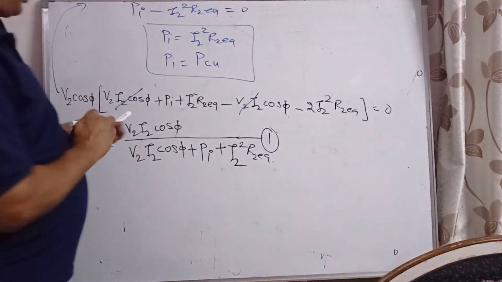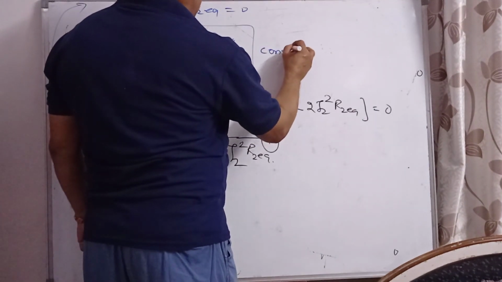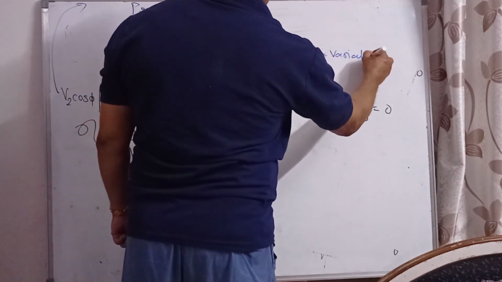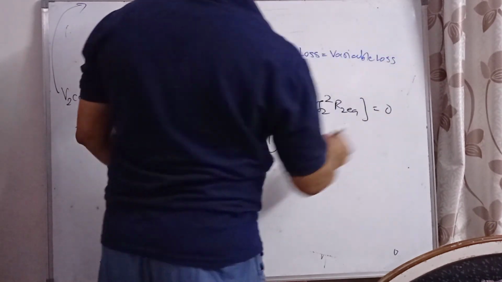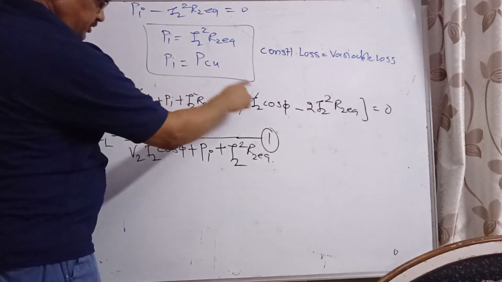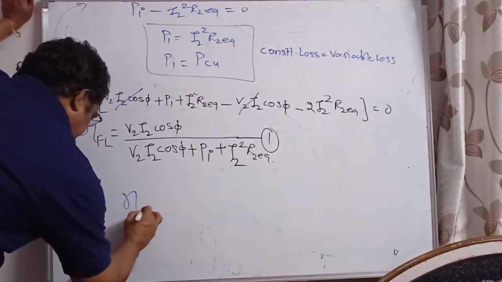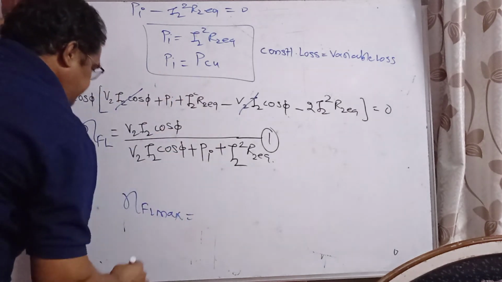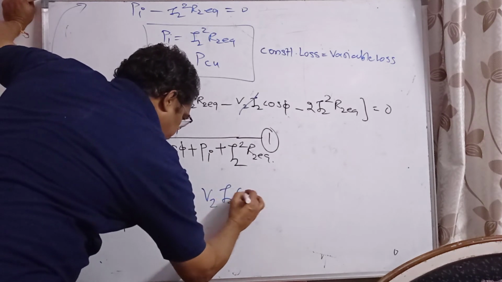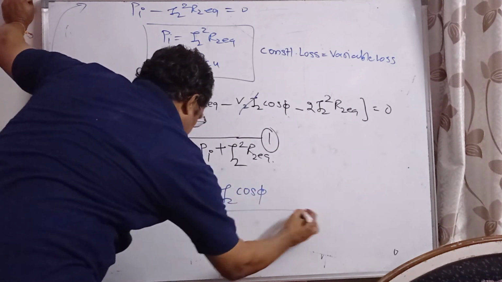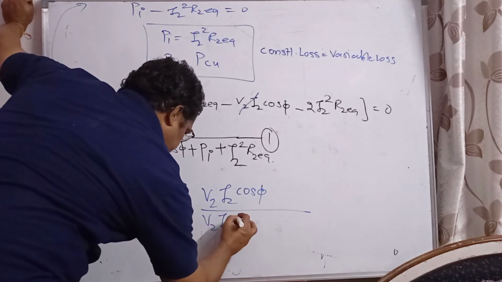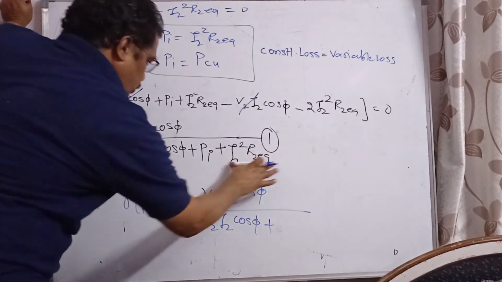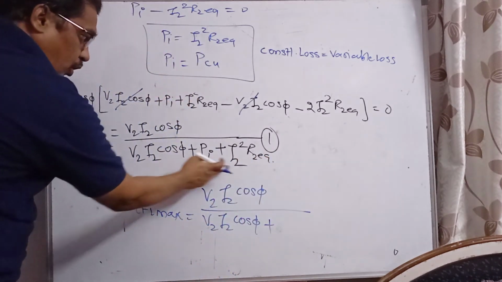Constant loss is equal to copper loss, that is, constant loss is equal to variable loss. Copper loss or variable loss equal to constant loss is the condition for maximum efficiency. If you put Pi equal to PCU here, you will get maximum efficiency, which is either 2 times Pi or 2 times the copper loss.